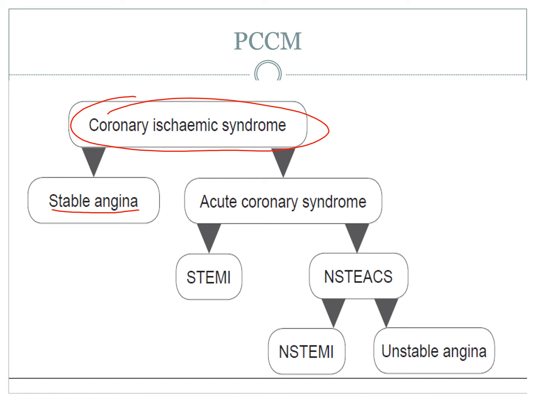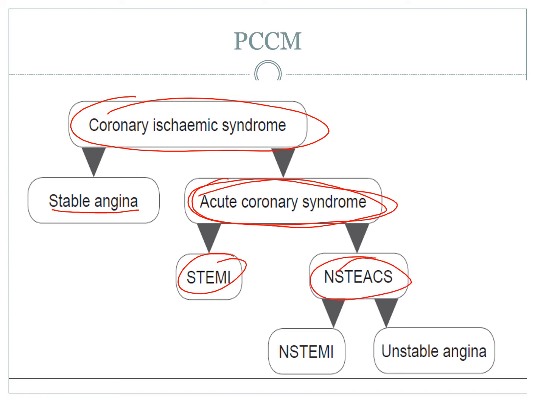But then we can move into what we're actually talking about now, which is acute coronary syndrome. That fits in the umbrella of including your ST elevated myocardial infarcts and your non-ST elevated acute coronary syndromes. Those two can either be broken up into your non-STEMIs or your unstable angina.